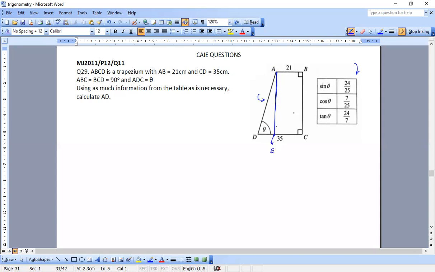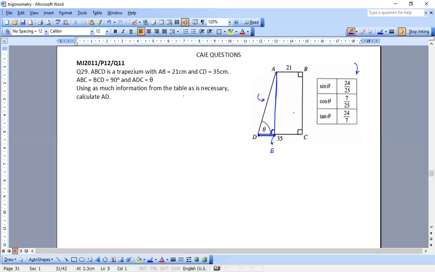So I can say I have a right-angled triangle, which is AED. In triangle AED, I have to calculate AD, and apparently nothing is given to me. But the length from point D to point E can be calculated.